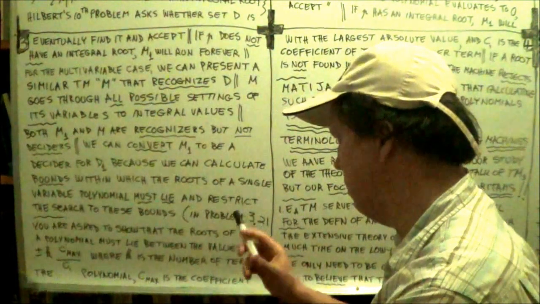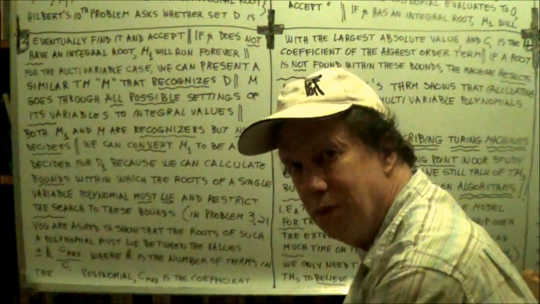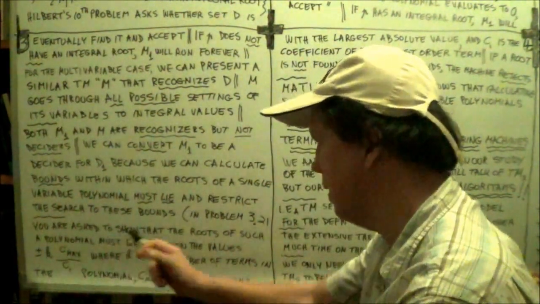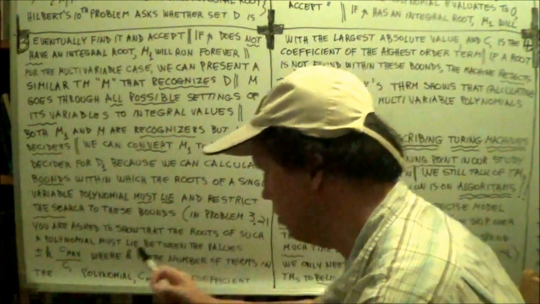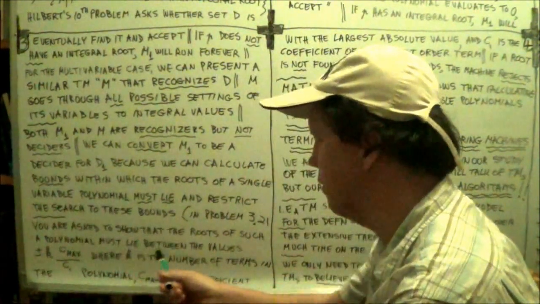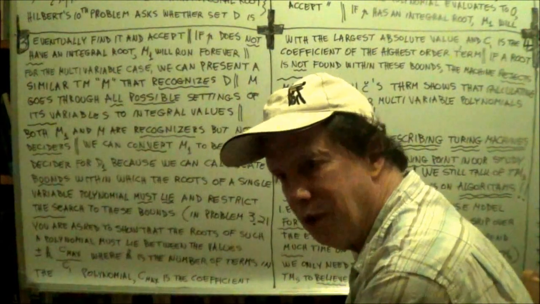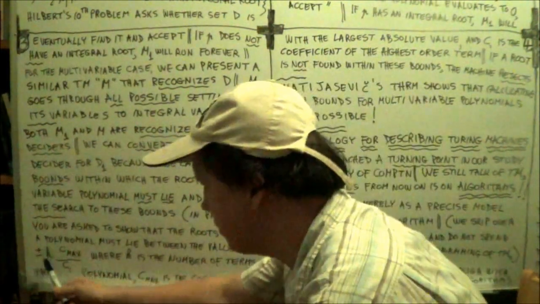So in problem 3.21, in the problem solving section at the end of chapter 3, you're asked to show that the roots of a polynomial, I think this is for a single variable polynomial, lie between certain limits.